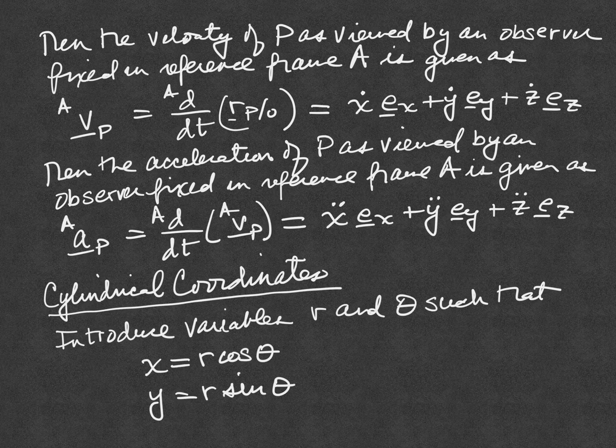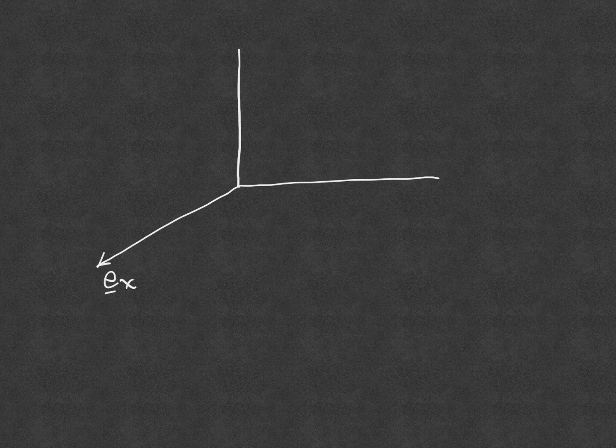So now let's go back to this diagram that we had before, and we're going to draw it with some more information on it from what we had previously. So let's look at this diagram again. Originally, I had this basis ex, ey, ez, and this basis was fixed in frame A. So I have a basis that's fixed in frame A, and I'll put it down here.